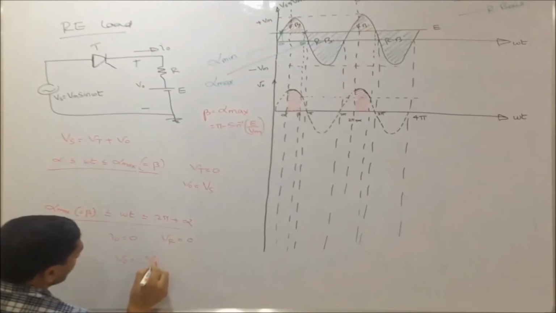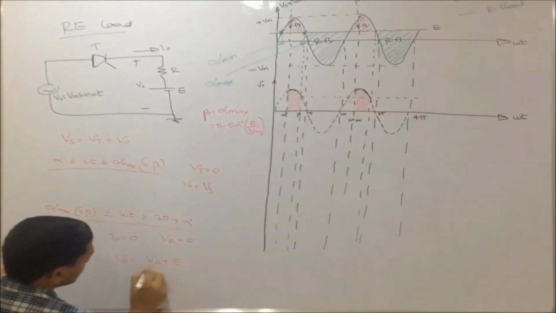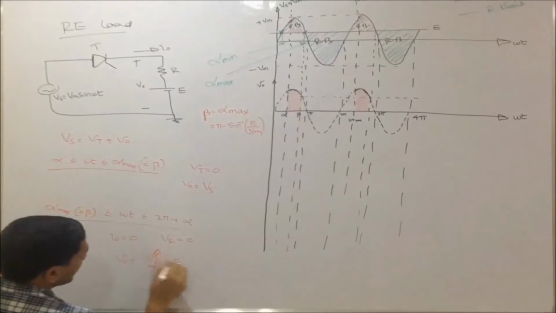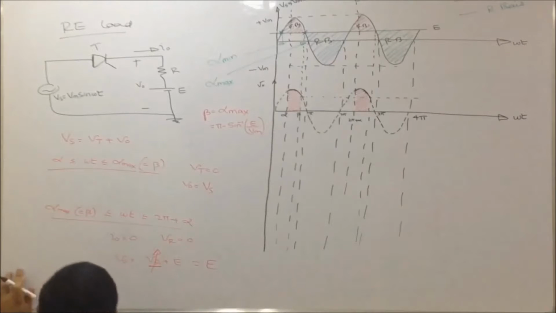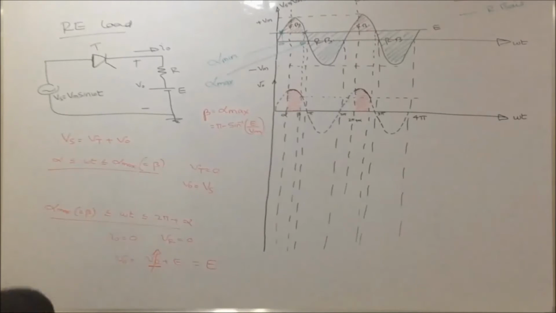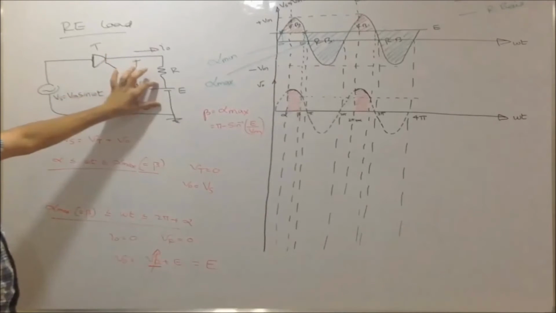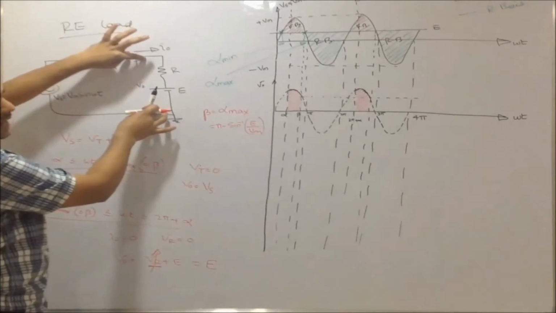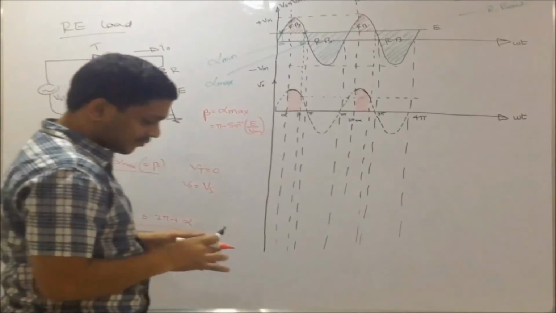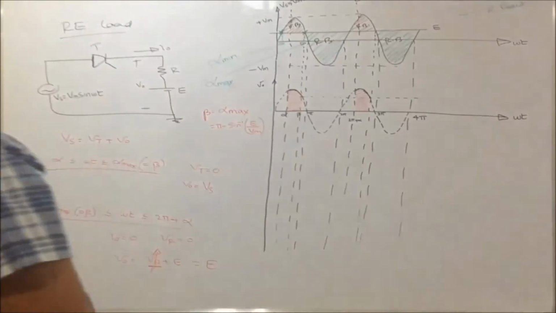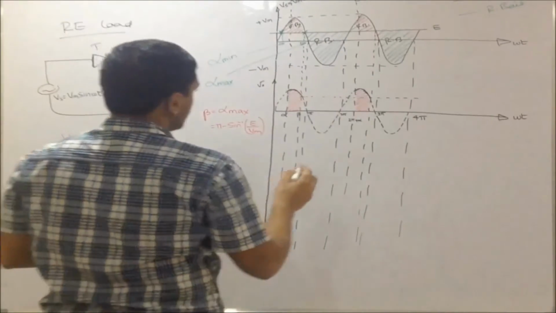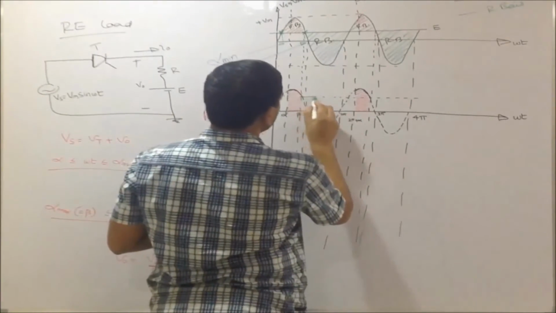V0 equal to VR plus E. Since VR is 0, my V0 equal to E. From alpha max, that is beta, to 2 pi plus alpha, I0 is 0. The voltage across R is 0. Whatever voltage is there across E, that appears across the entire load, that is V0. So from beta to 2 pi plus alpha.